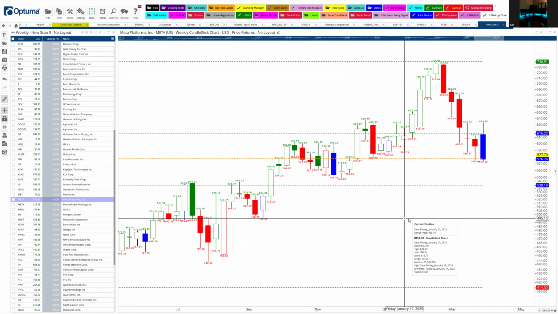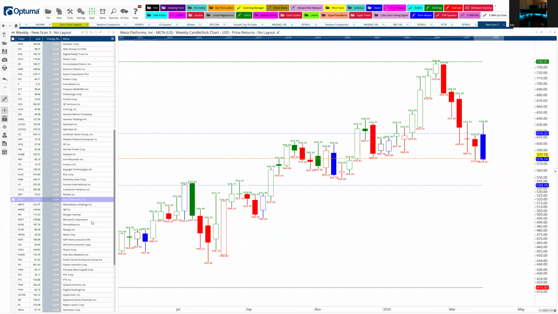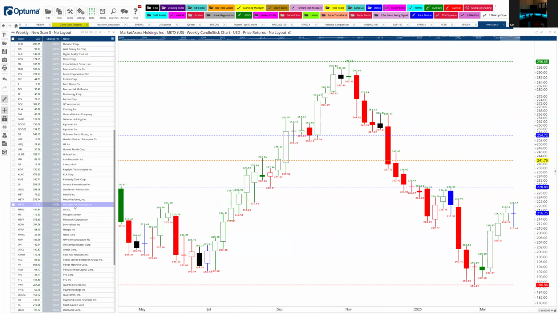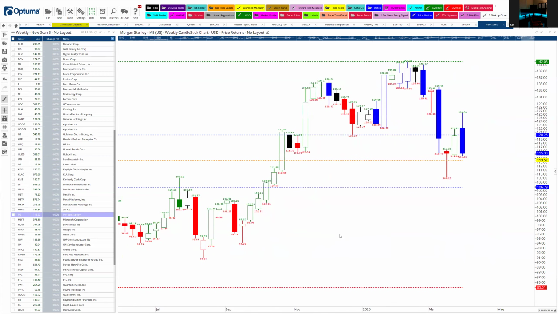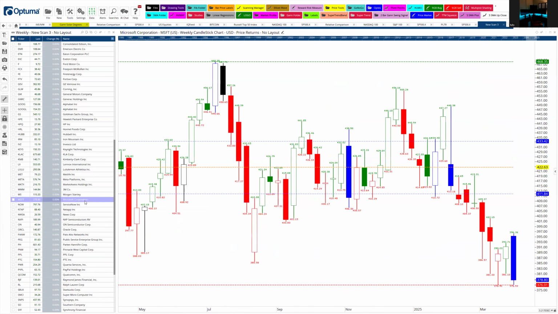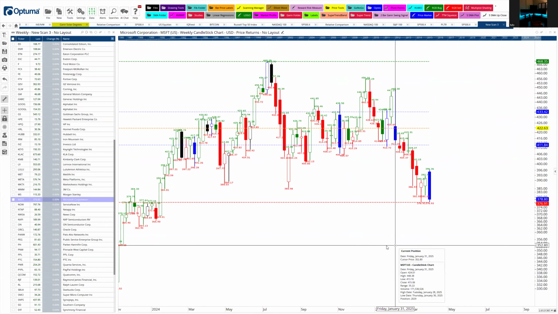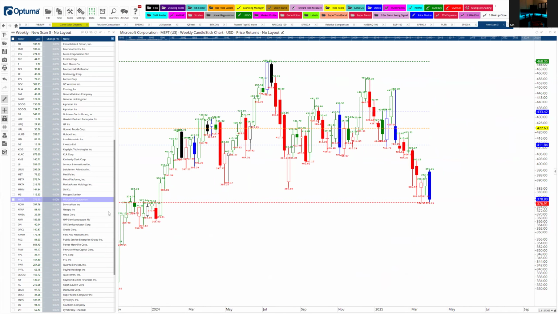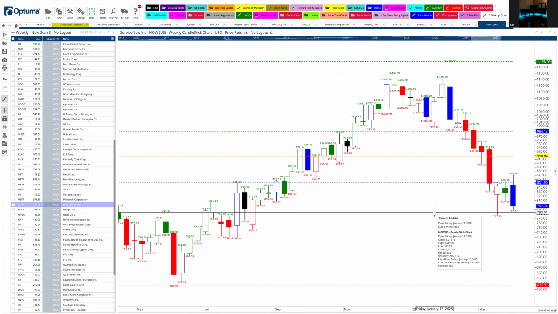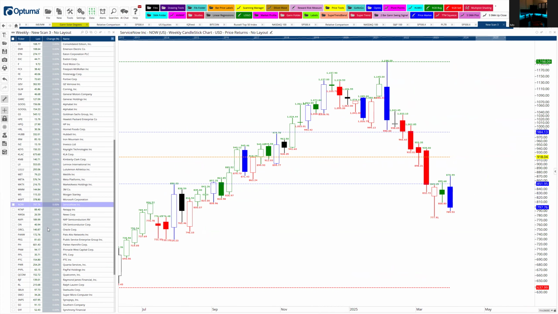So Google and Meta both made an outside weekly bar. Those are communication stocks. Morgan Stanley. Crazy. Microsoft. You see, Microsoft, Meta, and Google. ServiceNow. Another one.